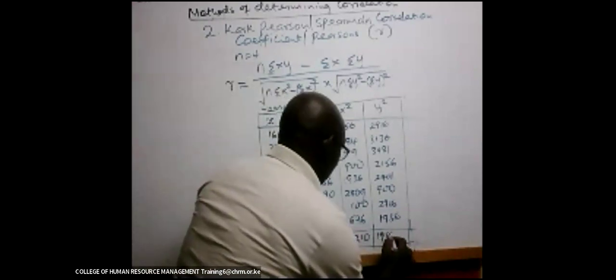That one looks off, I don't know why. Let me repeat. 2916 plus that one, plus 3481 plus 2156 plus 2401 plus 900 plus 2916. You get 19,842.